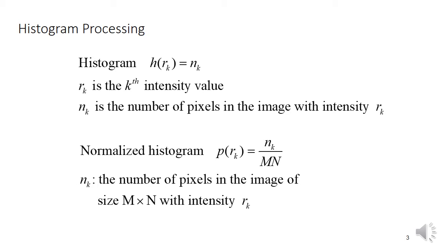Nk is the total number of pixels in an entire image whose intensity value is the same as rk, and we divide it by the size of the image, which is M into N. Here you see nk is the number of pixels in an image of size M cross N with intensity rk. The same is true for a normalized histogram.